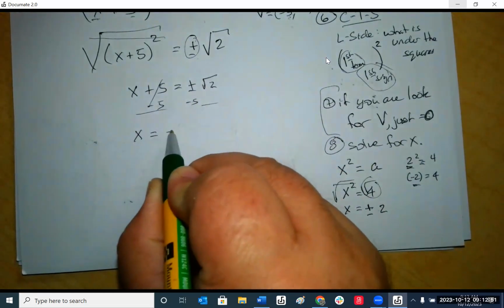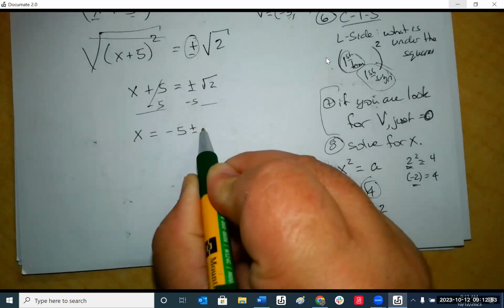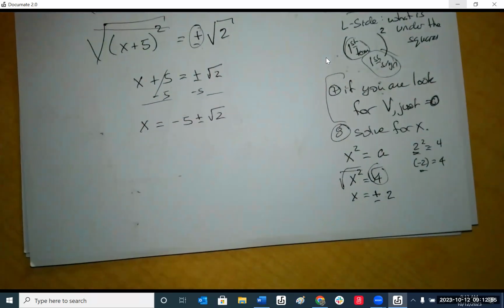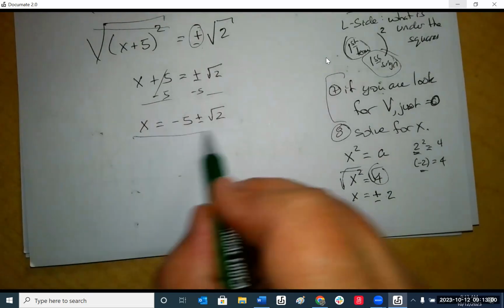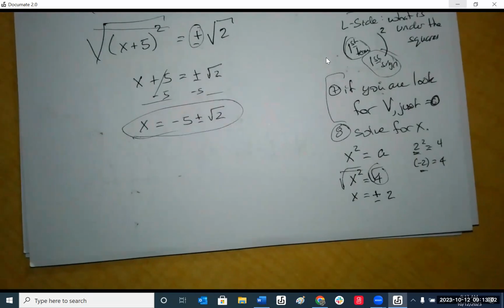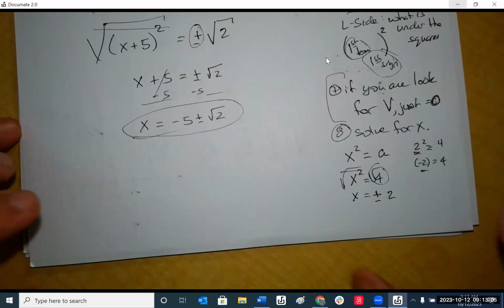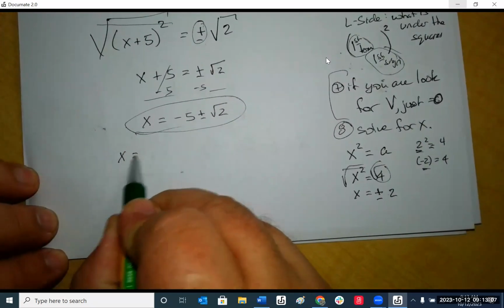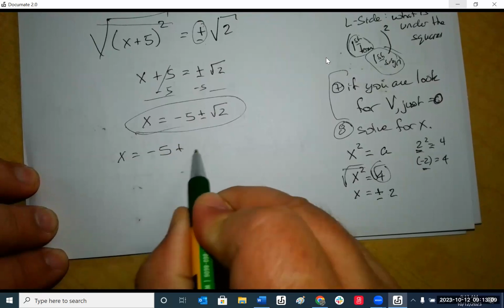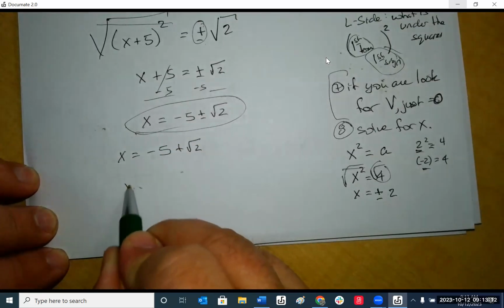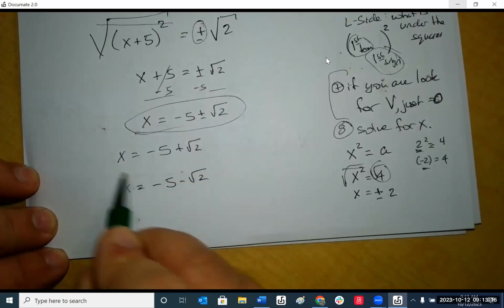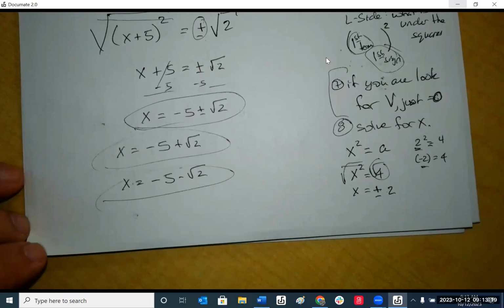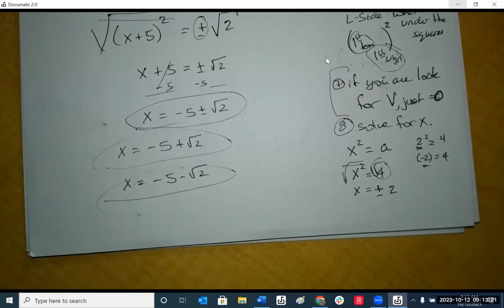So x equals negative 5 plus or minus radical 2. And these are your two solutions. You have one of the intercepts at negative 5 plus radical 2, and you have one at negative 5 minus radical 2. These are your two different solutions. That's why we couldn't factor them.